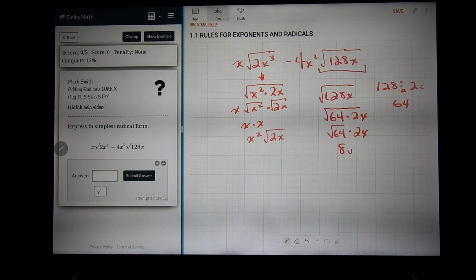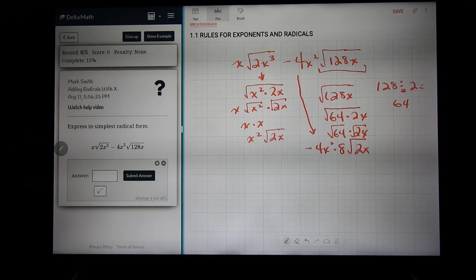So now this looks like 8 times the square root of 2x. Now we bring this other thing down here, and so we have minus 4x squared times that. So we multiply these two together, and we get minus 32x squared square root of 2x, and now we have x squared.